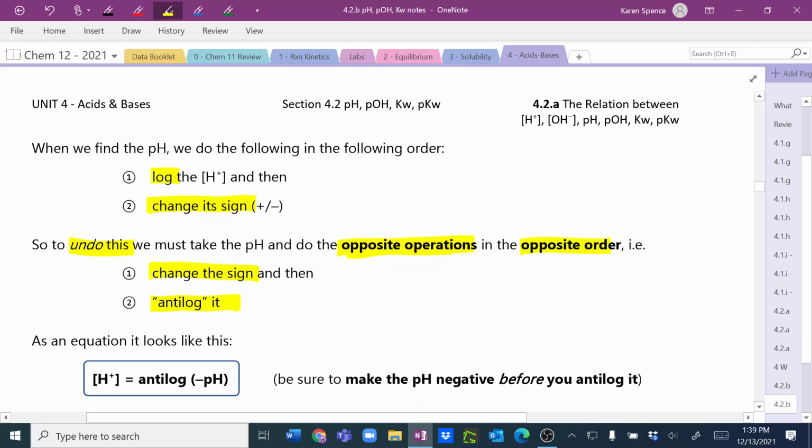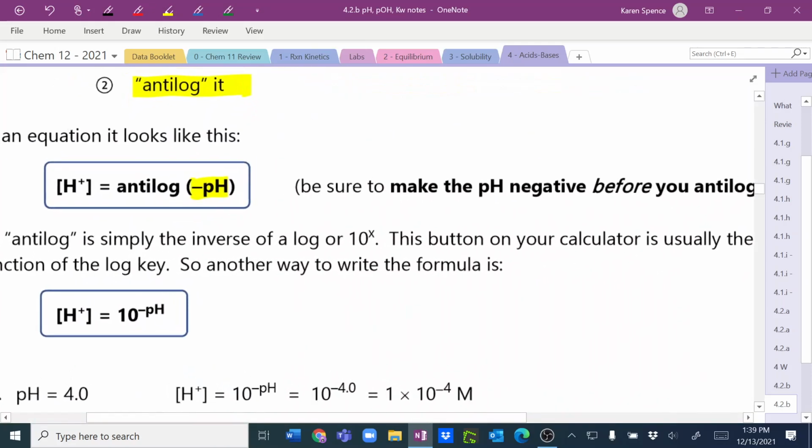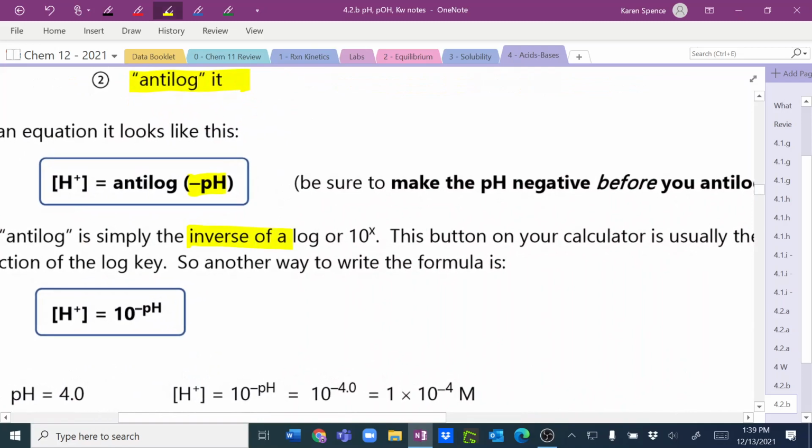Now, what is this business, anti-log? Well, if you write the formula this way, it's pretty straightforward. Hydrogen ion concentration is the anti-log of the negative of pH. However, anti-log is simply the inverse of a log. In other words, it is a 10 to the x.